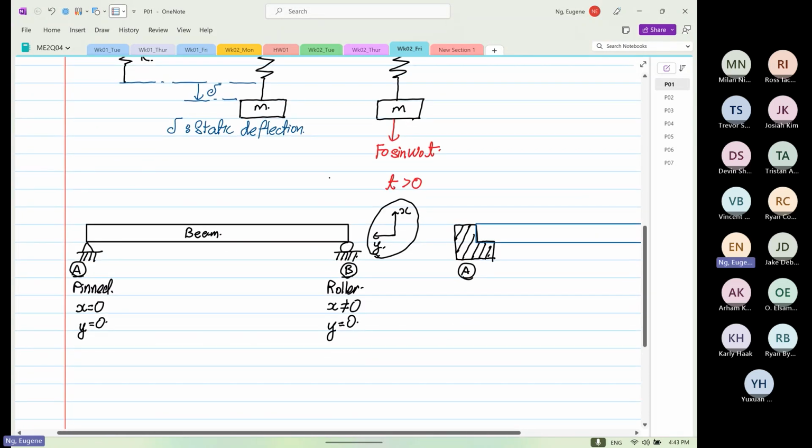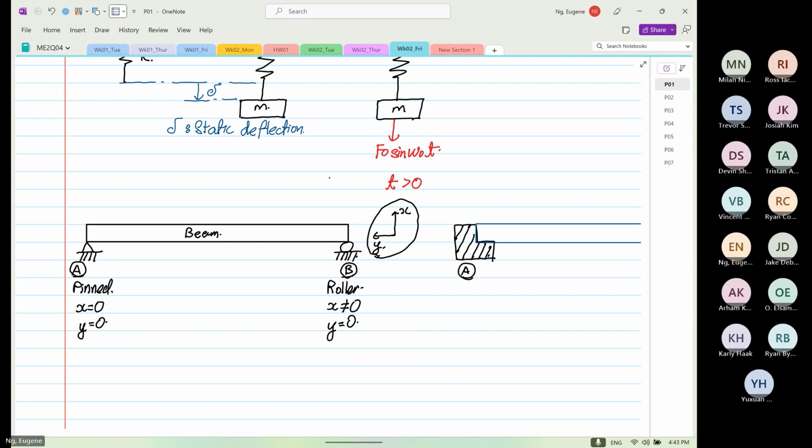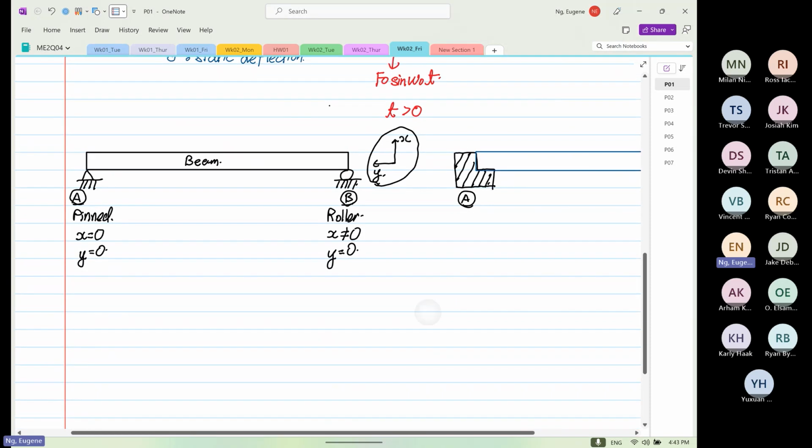On the beam, we are going to place a motor.